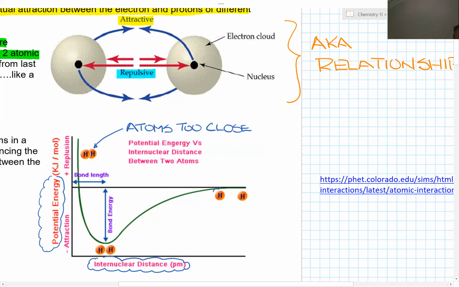Here, they are too far. When the atoms are too far, they are unstable because they want to have a full 8 electrons in the outermost shell.